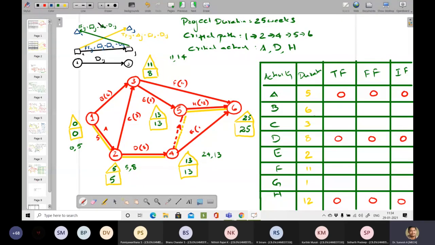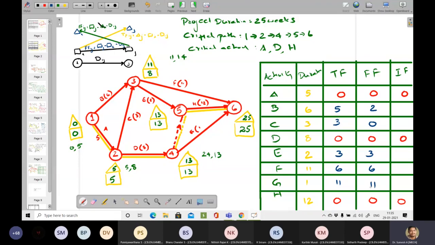So 5, 3, 3, 6 and 11. Free float it is 2, 0, 3, 6 and 11.